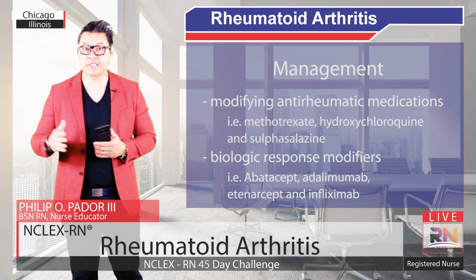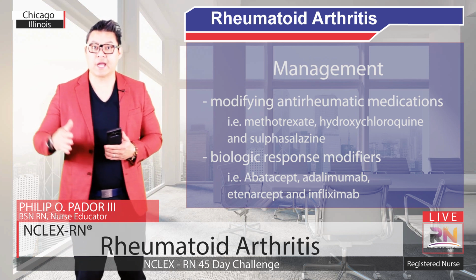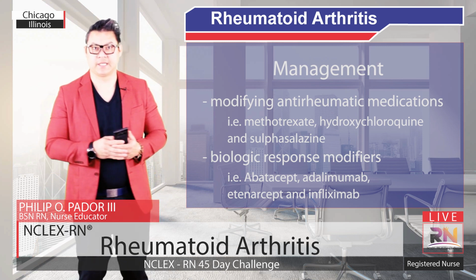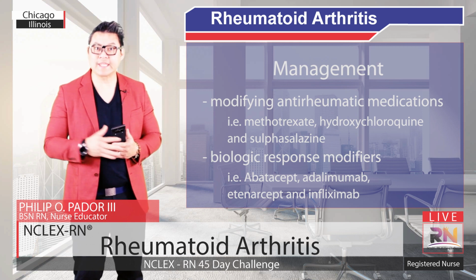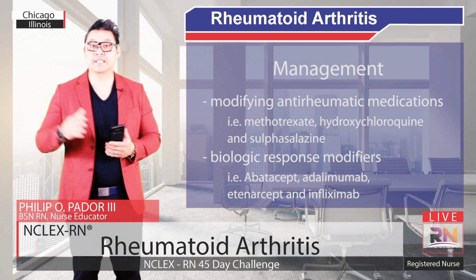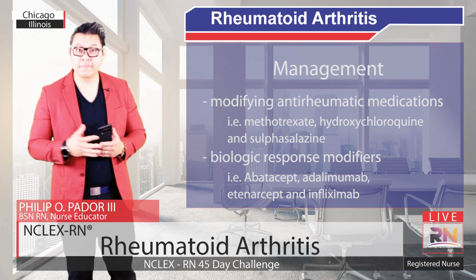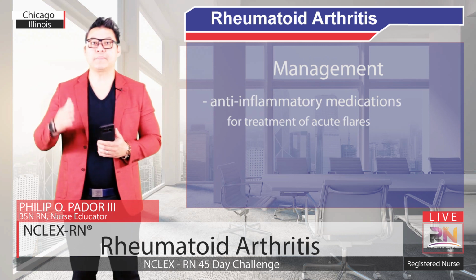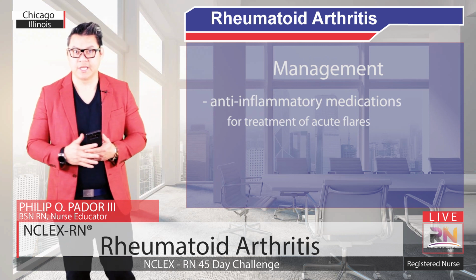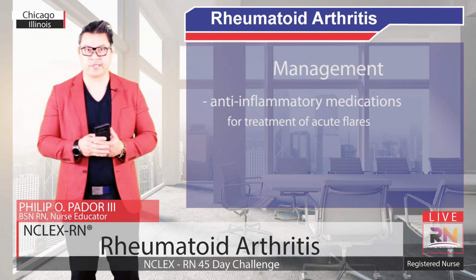Some biologics, such as abatacept, work by suppressing the activity of T cells, while others, such as rituximab, suppress B cells. There are also biologics such as adalimumab, etanercept, and infliximab that block cytokines like tumor necrosis factor. Anakinra blocks interleukin-1. Treatment of acute flares can be done by anti-inflammatory medications, like NSAIDs, as well as short-term use of glucocorticoids.